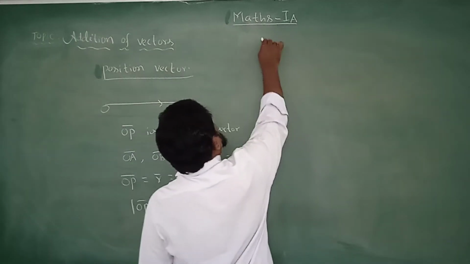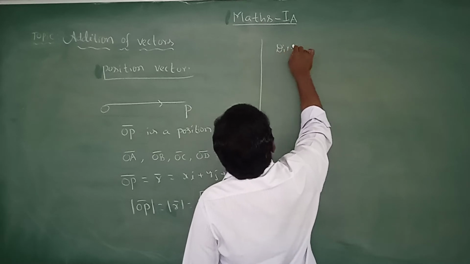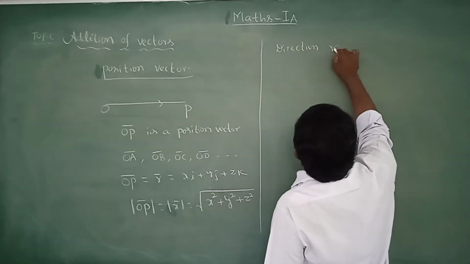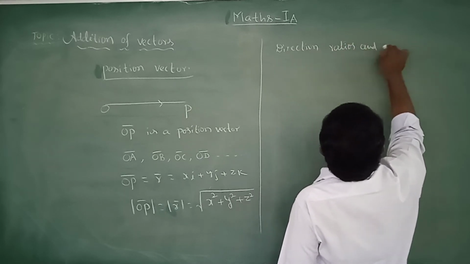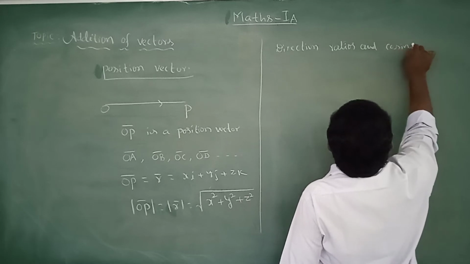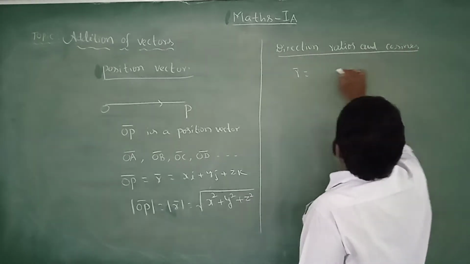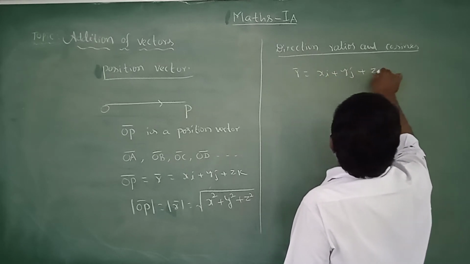Next, direction ratios and direction cosines. Understand? Suppose r bar equals xi plus yj plus zk.